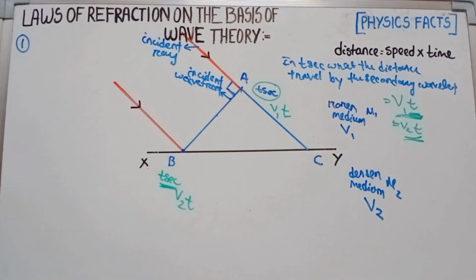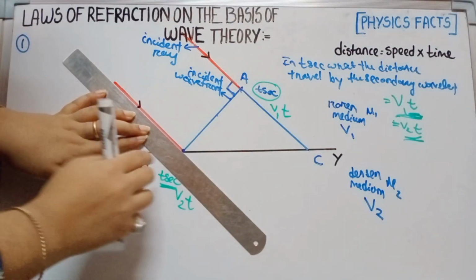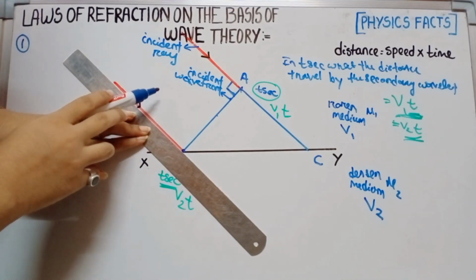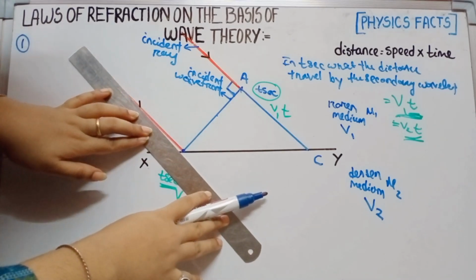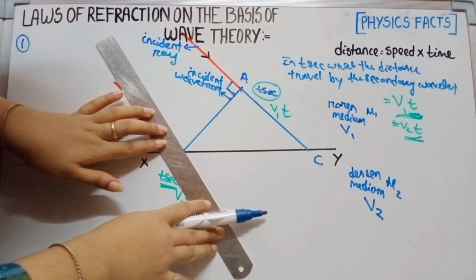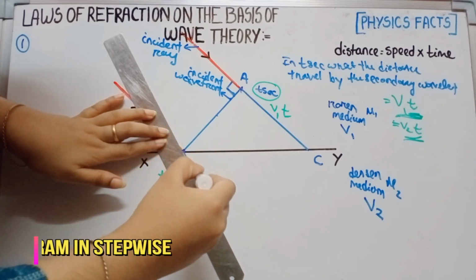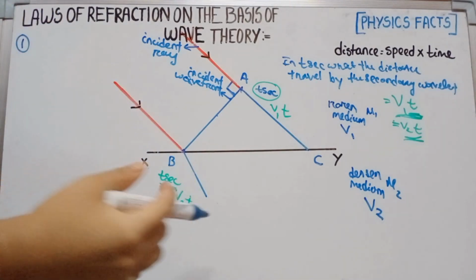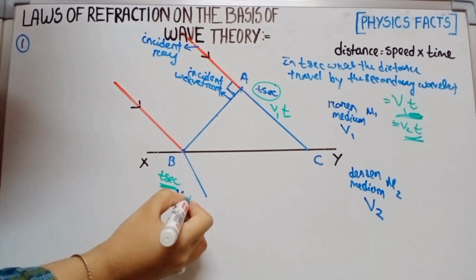Then we draw the diagram. This is the actual path of the incident ray, but when it passes from the rarer medium to the denser medium, it deviates from its path and bends towards the normal. So we draw the diagram like this. This is the propagated wavelet, and this is the distance traveled by the wavelet, v2t.